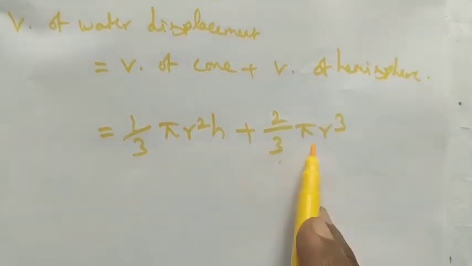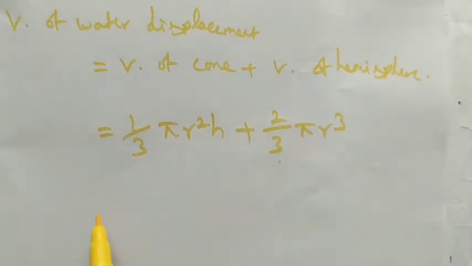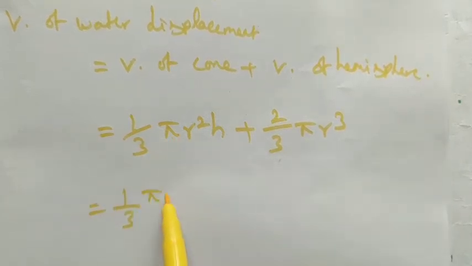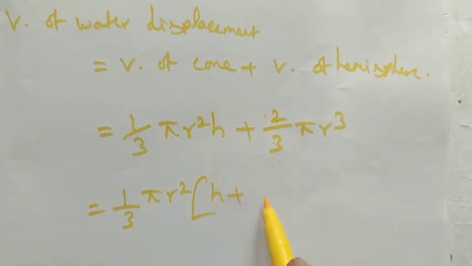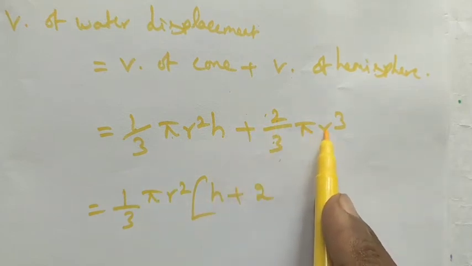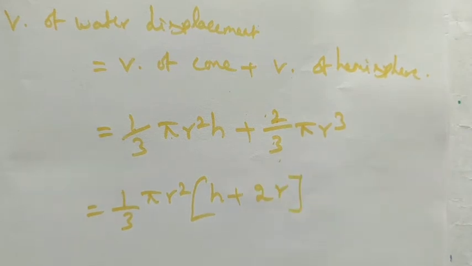Now here 1 by 3 pi r square is taken out commonly. So here we have h, and here we have 2r.